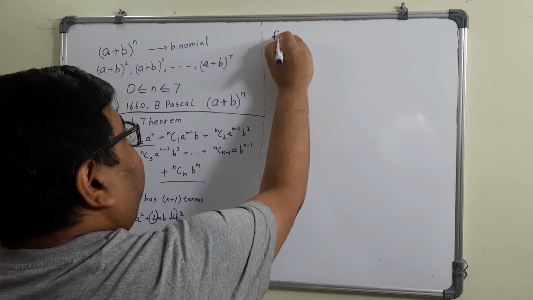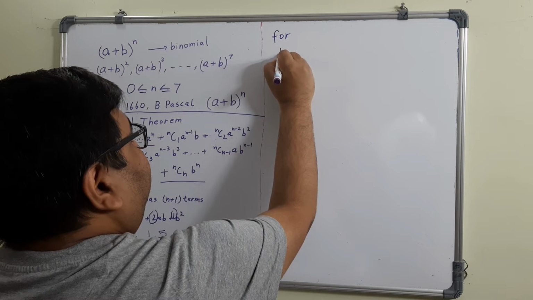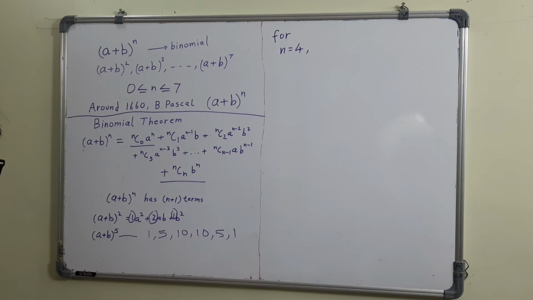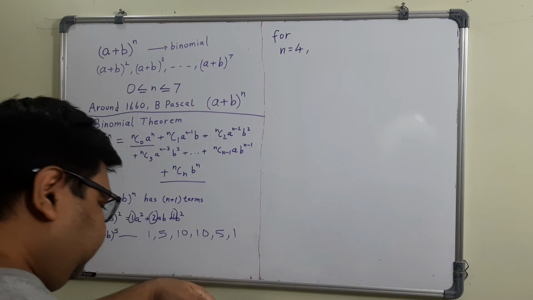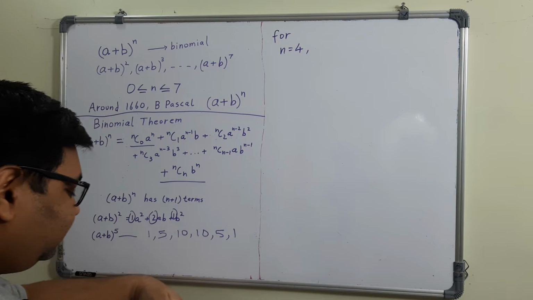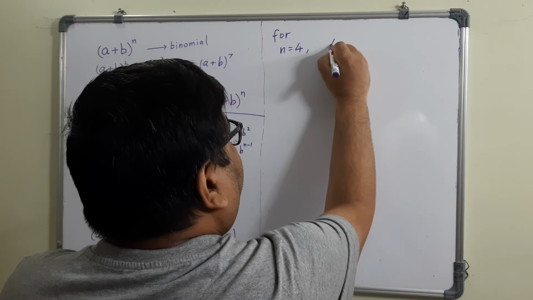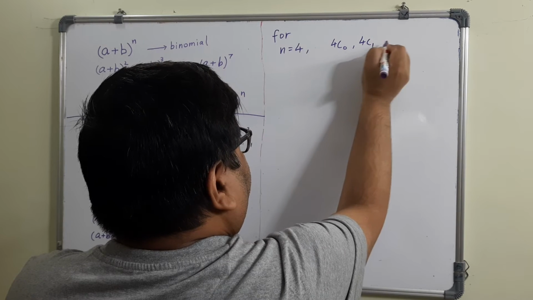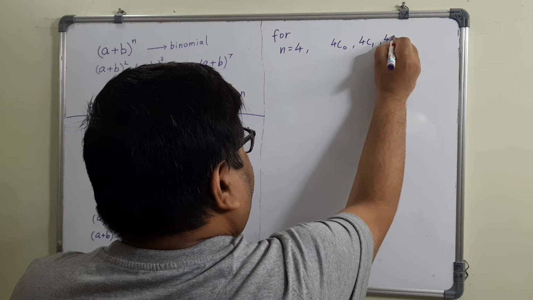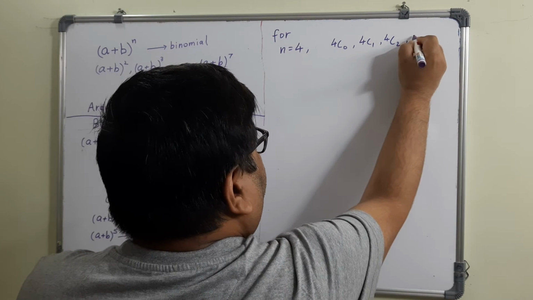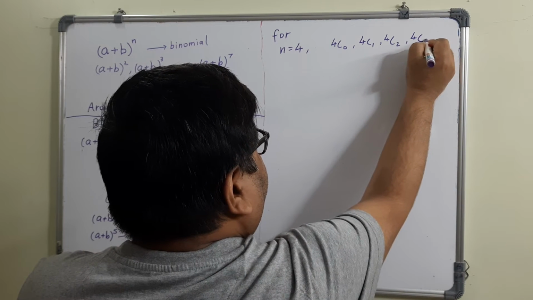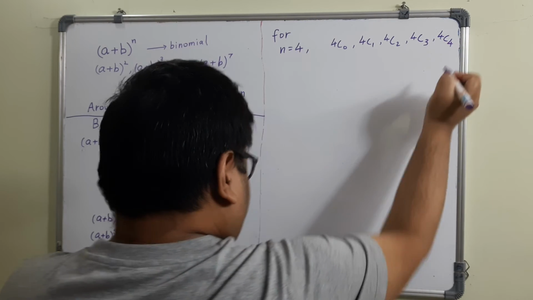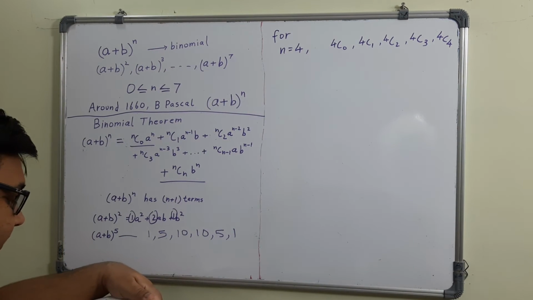For n equals 4, the various coefficients are 4C0, 4C1, 4C2, 4C3, and 4C4. So these are the coefficients.